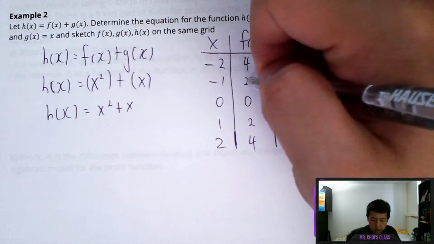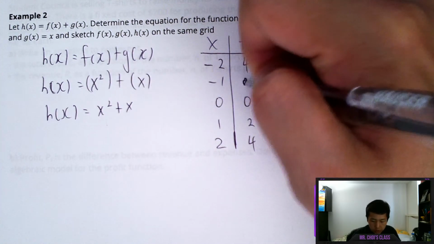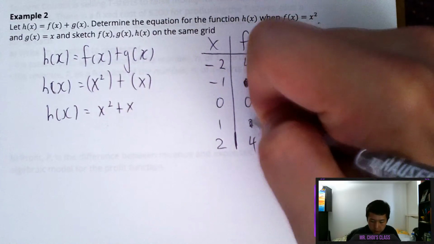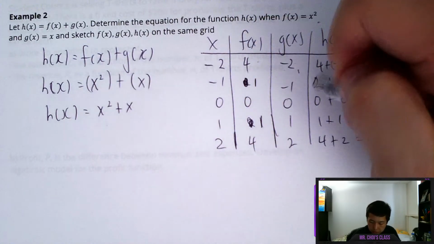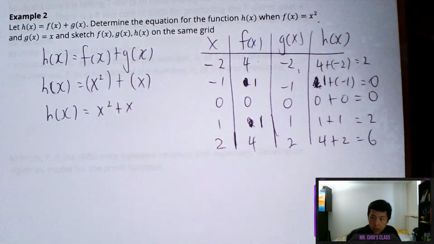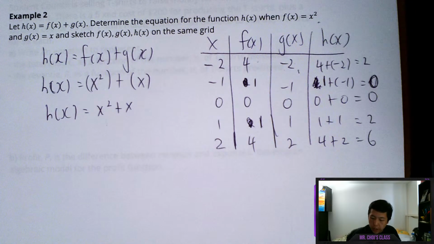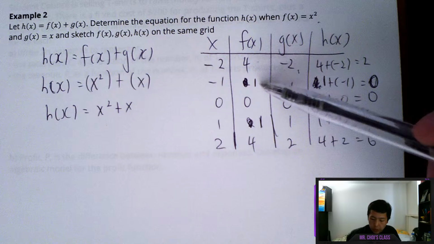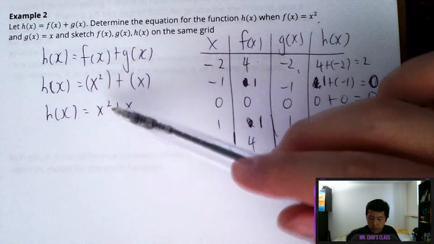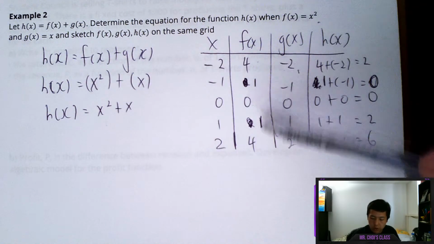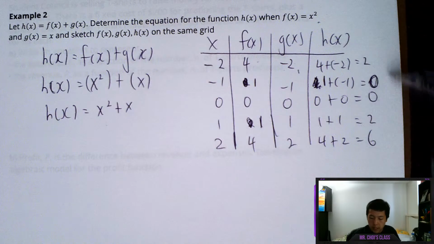Oh, sorry, this is not 2, it's 1. I am being very stupid right now. I apologize. Sorry, that's my fault. 4, 1, 0, 1, 4, because it's x squared. And combining that should be 2, 0, 0, 2, 6.